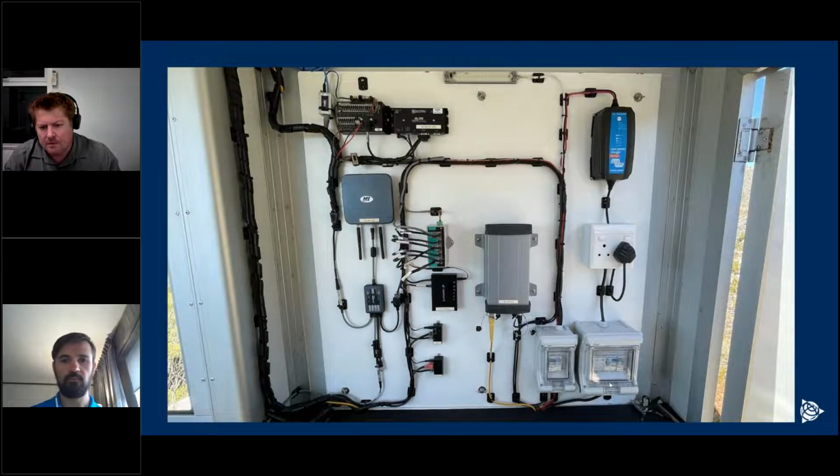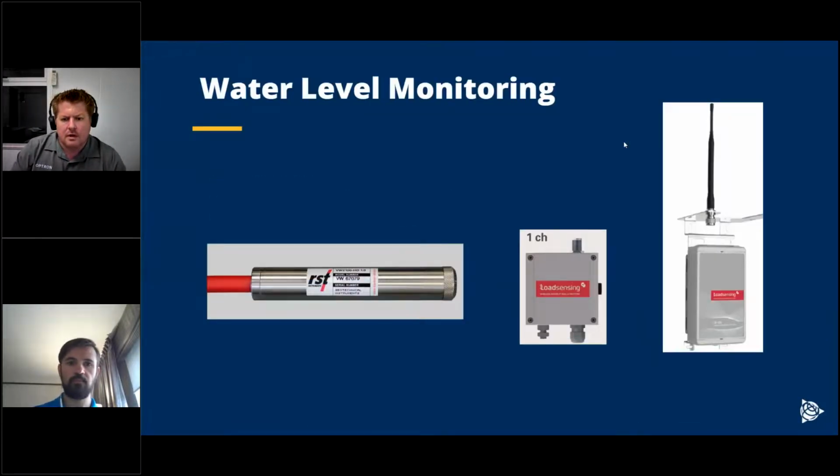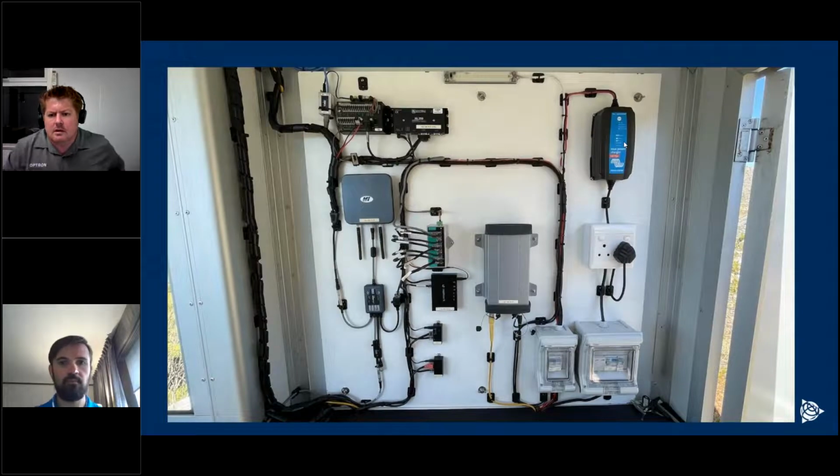Bottom left, we've got our AC power coming in, our electricity supply, and that feeds to the charger. So this charger is from Victron Energy. It's a smart charger. It will detect automatically what the current state of the batteries are and charge them accordingly.